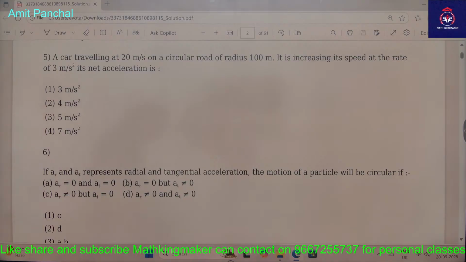Initially it's accelerating at 3 meters per second square, and its initial velocity is 20 meters per second. Okay, we'll see that question at last. I'll tell you its explanation.